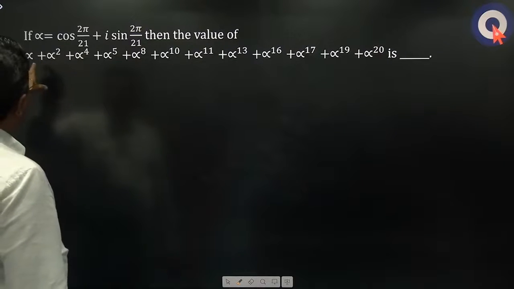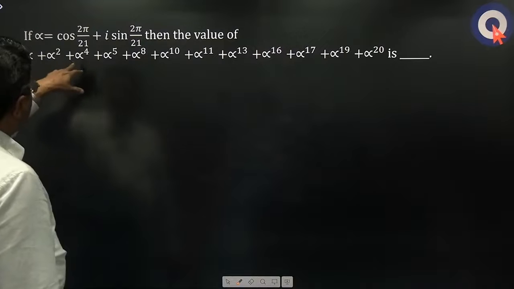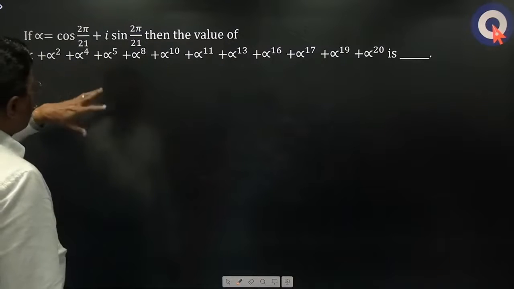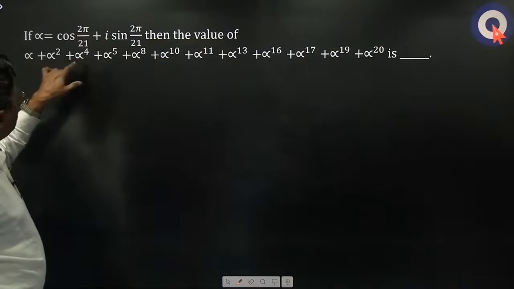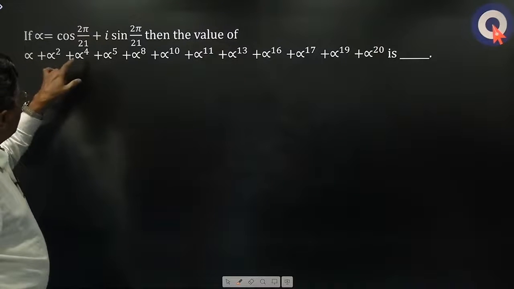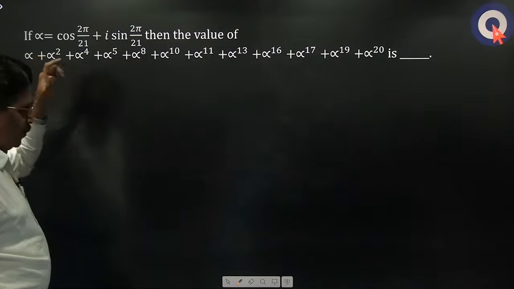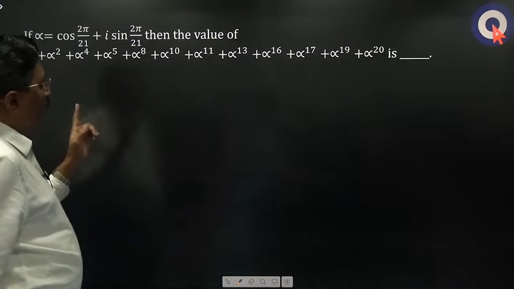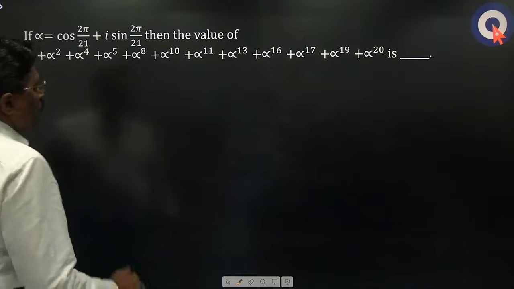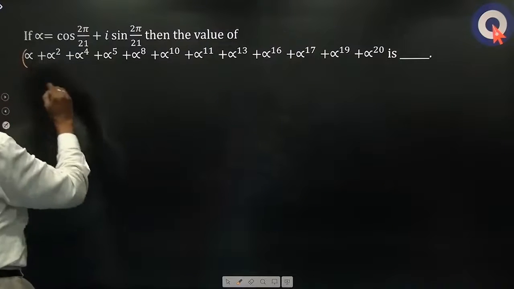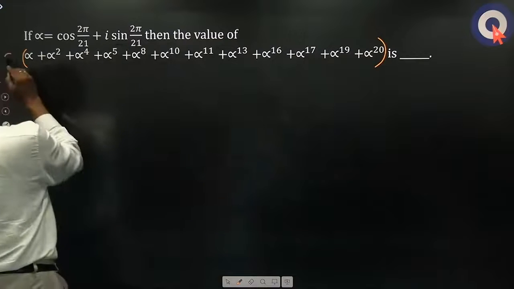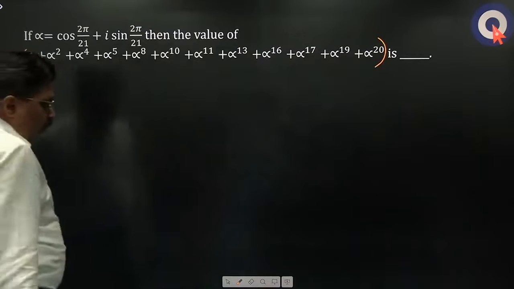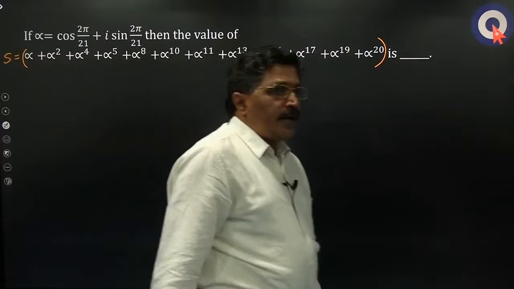Alpha cube is missing, like alpha power 6, etc. Whatever the powers that are there, those numbers are less than 21 and prime to 21. All right. So let this much, whose sum is to be found, we shall call it S.